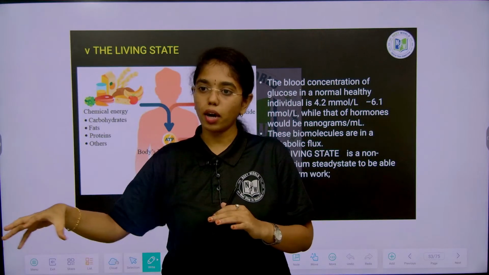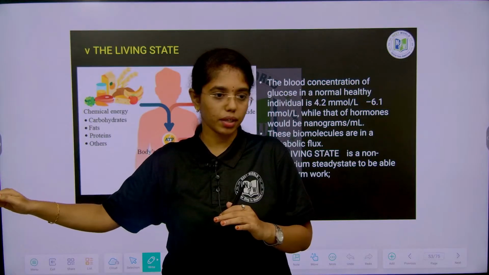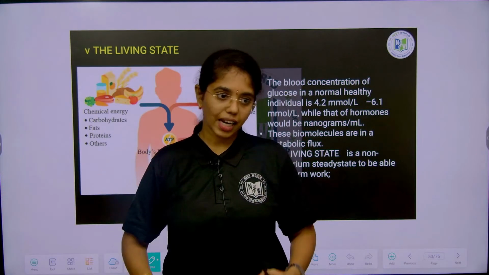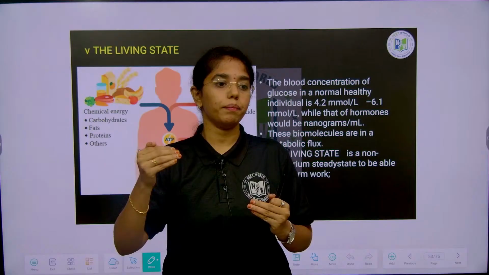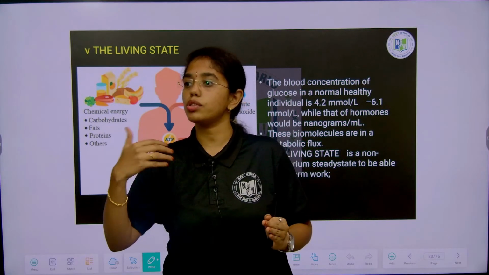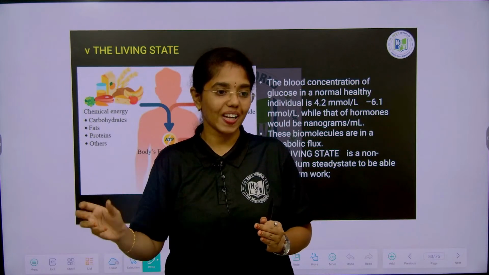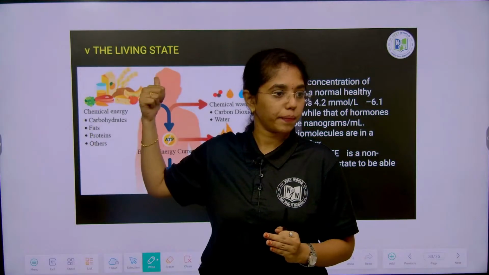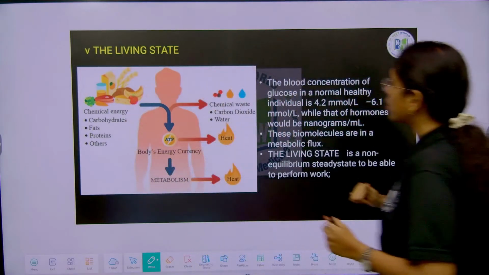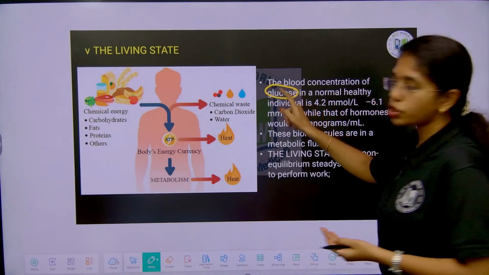If you take any dead organism, is it in equilibrium? Yes, right, it is in equilibrium with the environment. We are in the steady state but non-equilibrium, which means, as I just told you, thousands of reactions are happening inside our body, which is a non-equilibrium steady state, that is known as what? Living state, right?